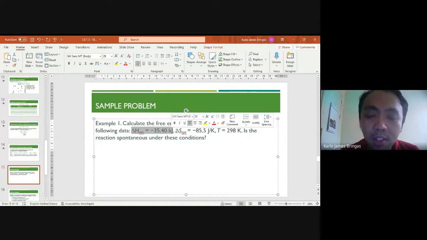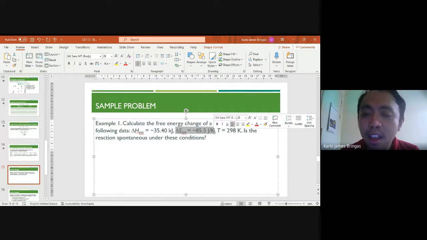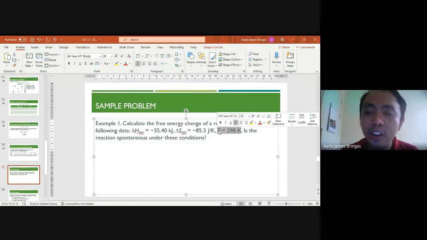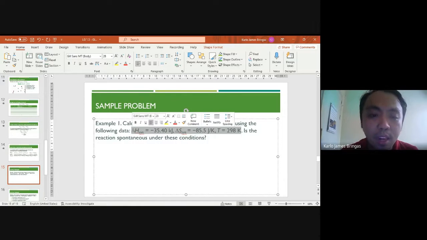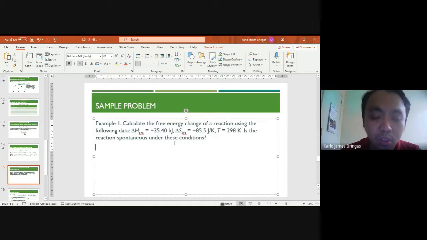Delta S for the system is equal to negative 85.5 joule per Kelvin. And the temperature at which the change has occurred is 298 Kelvin. We are now asked to find the value of the free energy change as well as determine whether the reaction is spontaneous under these conditions.